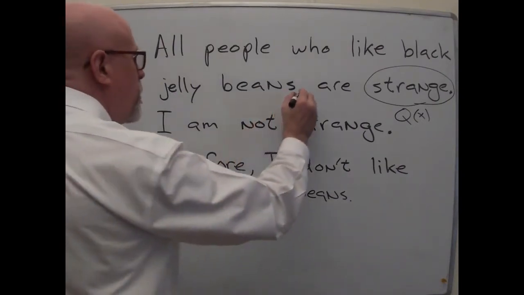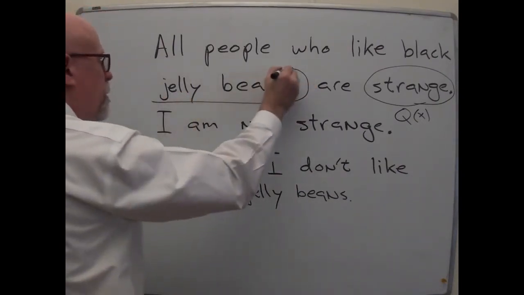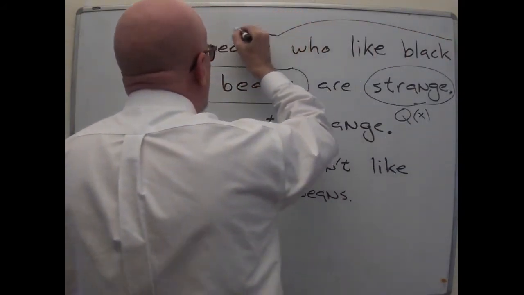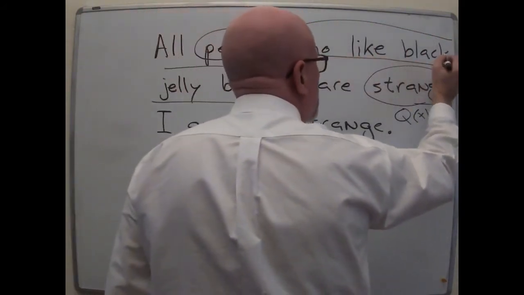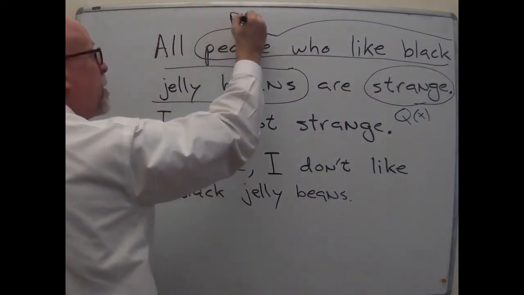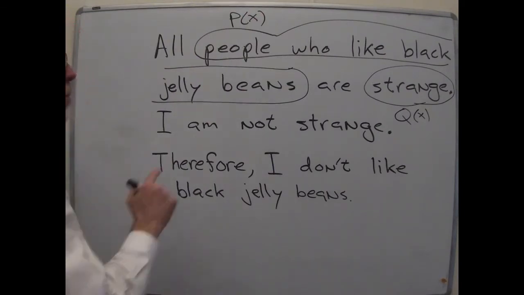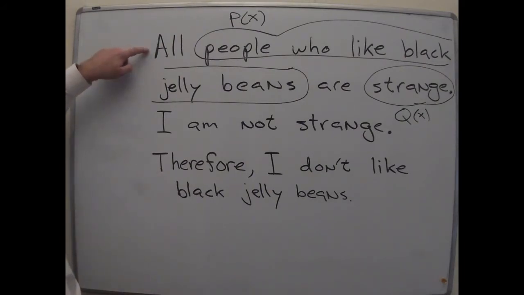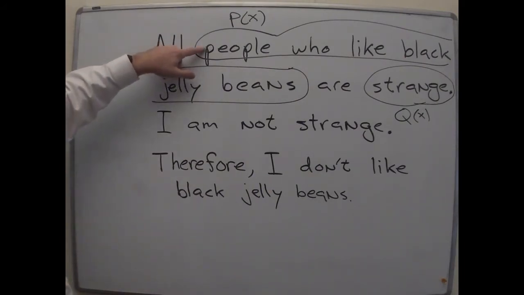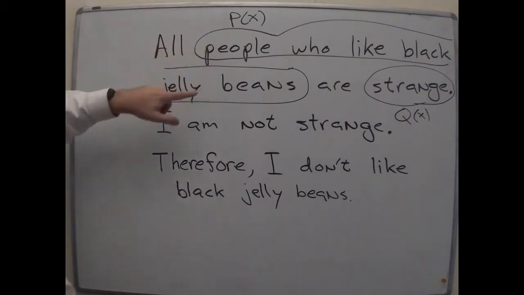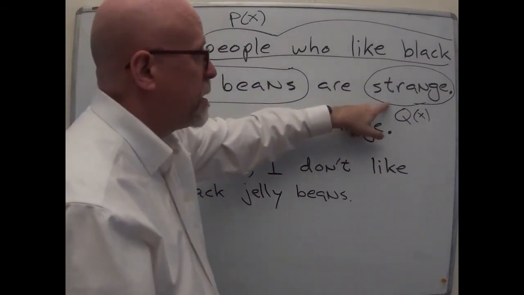So that's what I would call P of x. Maybe it's even people who like black jelly beans. But that's P of x, where x is the unspecified people. So we're saying for all x, if x is someone who likes black jelly beans, then x is strange.